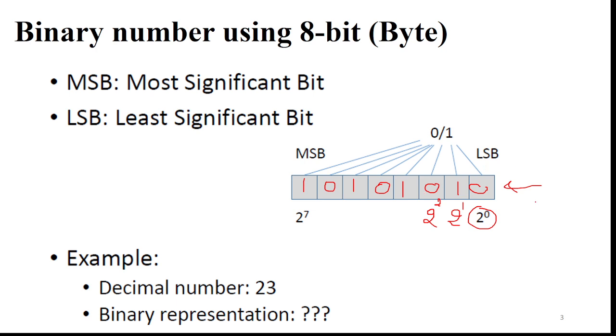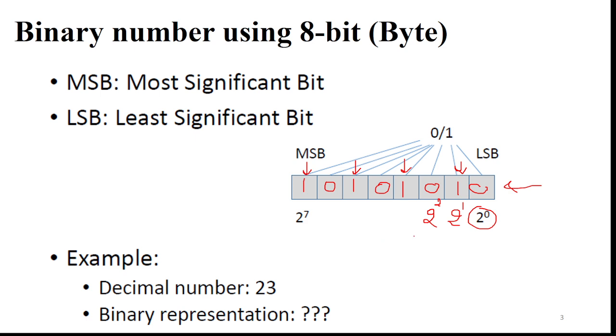If we want to convert this binary number into decimal, we look at the ones in this binary number. Here we have a 1, here another one, a third one, and here we have a 1 also.